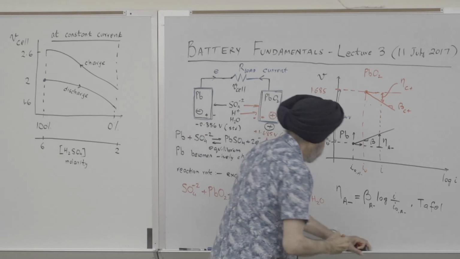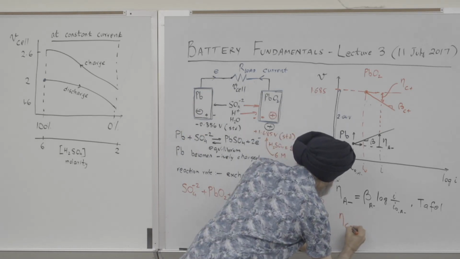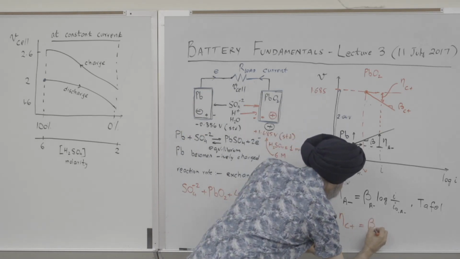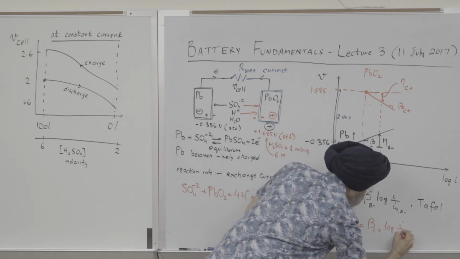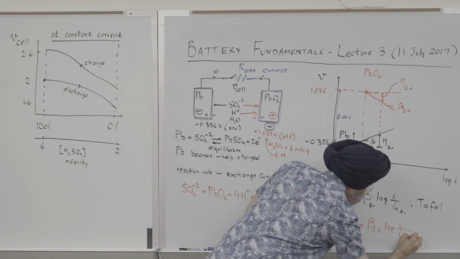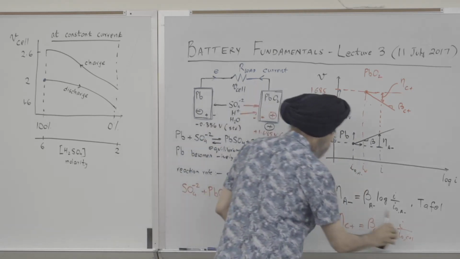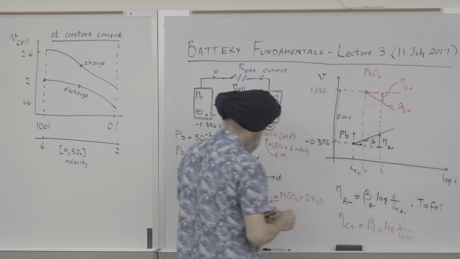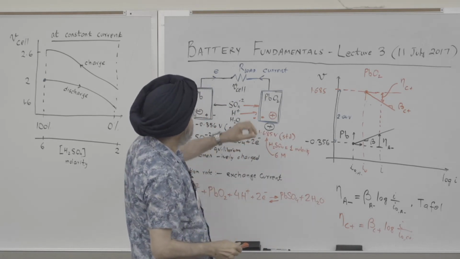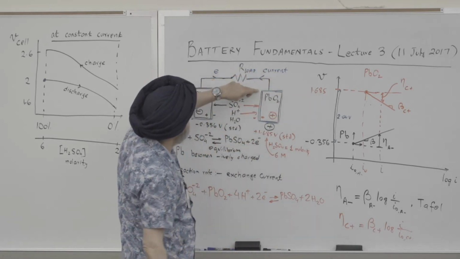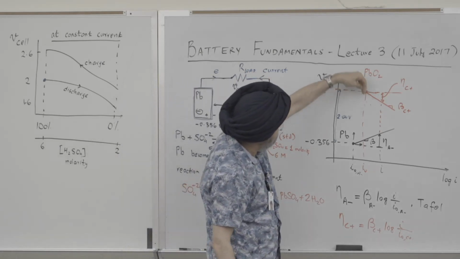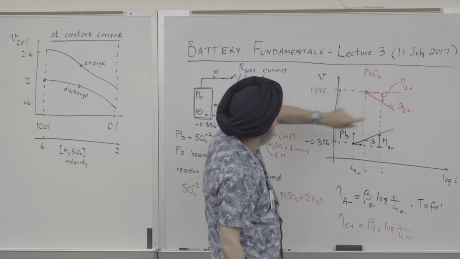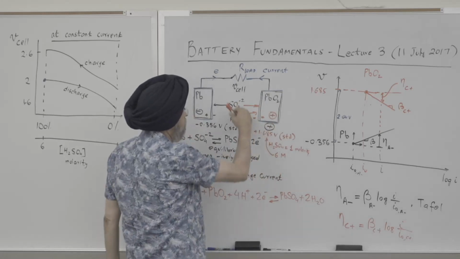So this eta cathodic plus will be beta cathodic plus log I over I naught cathodic plus. So just to recap, on the lead oxide, we're adding electrons to it, so the voltage is coming down by this amount eta, and of course the current is going up.